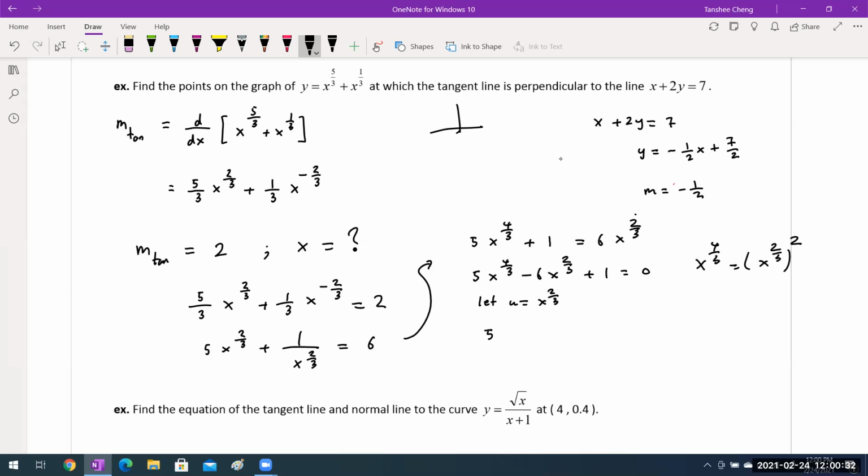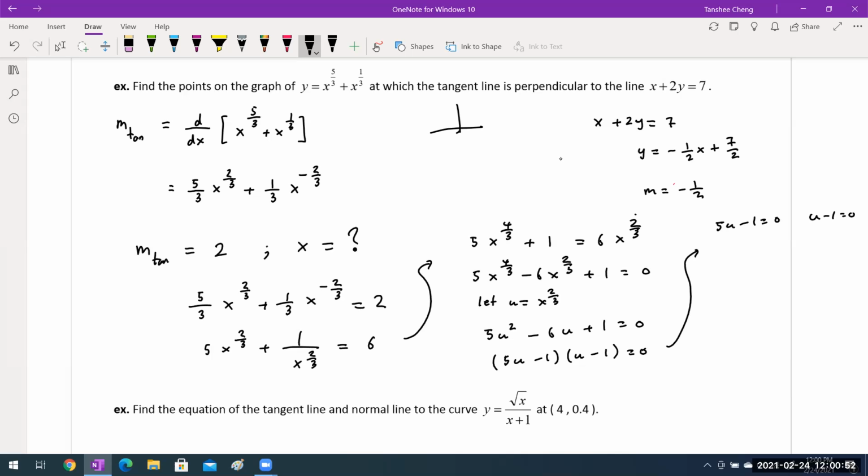So therefore that would be 5u squared minus 6u plus 1 equal to 0. So I will have 5u minus 1 times u minus 1 equal to 0. And from here, if I continue solving, that will give you 5u minus 1 is equal to 0, u minus 1 equal to 0.